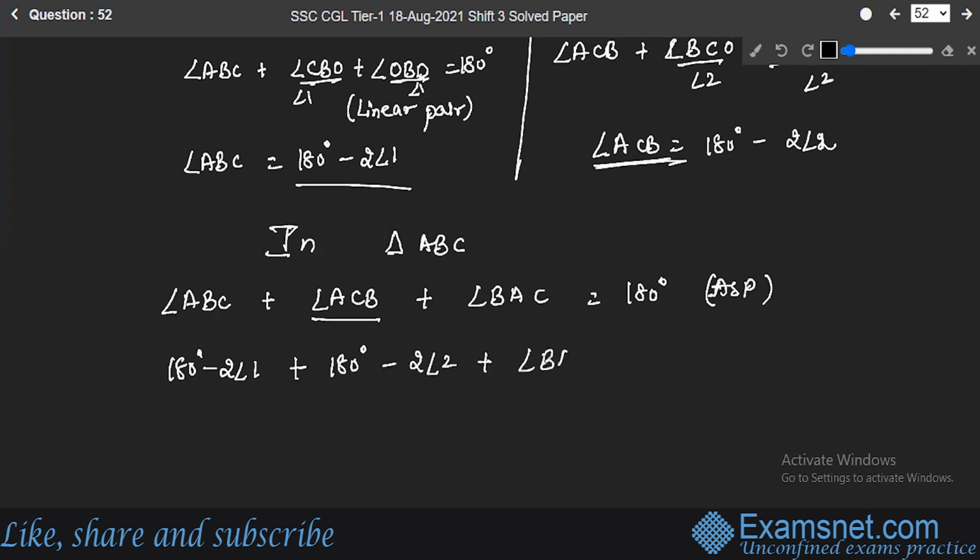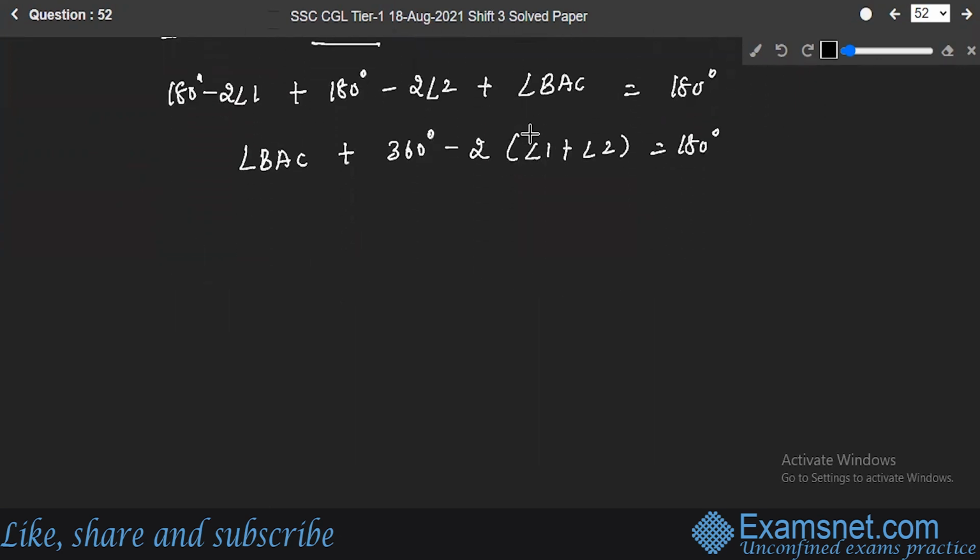Angle BAC, you have to find out. This is equal to 180 degrees. Okay. So from here you have angle BAC plus 360 degrees minus twice angle 1 plus angle 2 is equal to 180 degrees. Correct. So solving this, you will get angle BAC is equal to 180 minus 360 plus twice angle 1 plus angle 2.